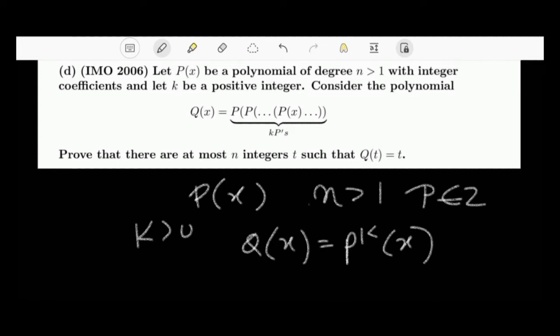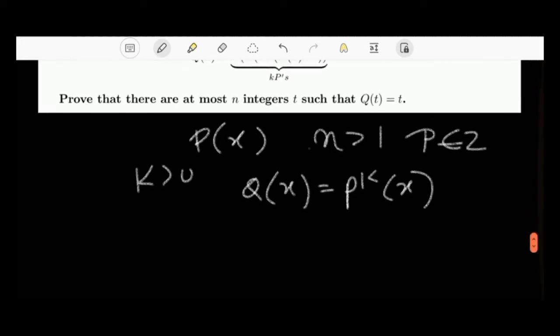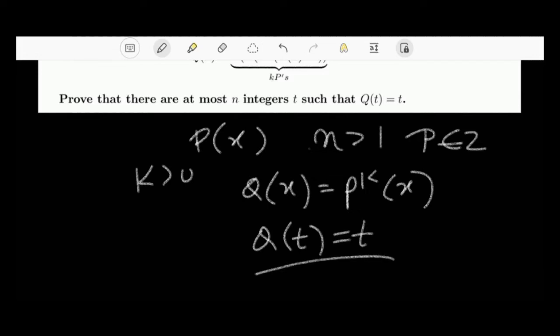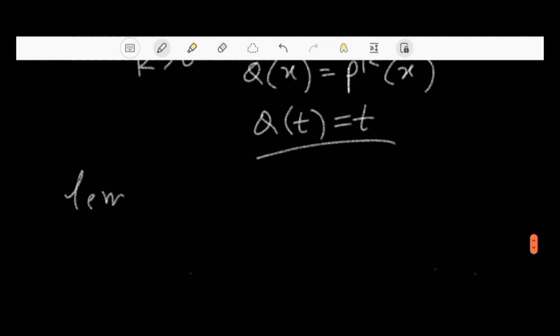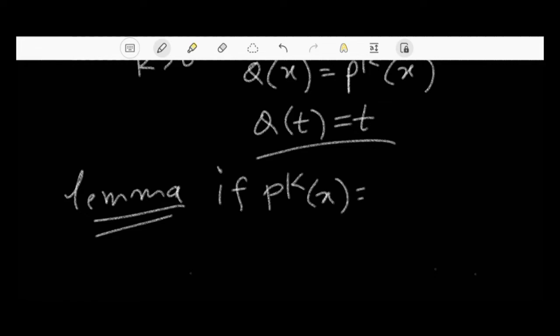So we have to simply prove that there are at most n integer solutions of the equation Q(t) equals t. So I'm going to use a lemma that is very helpful. If we know that P raised to the power k of x equals x, then it simply implies that P raised to the power 2 of x equals x.